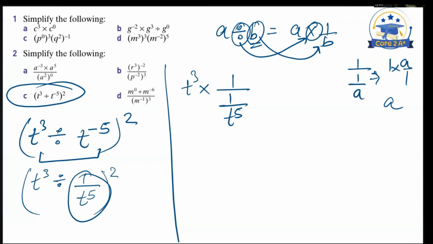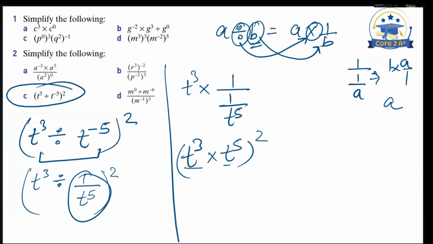It would be a. So similarly here, it will also be T to the power 3 multiplied by T to the power 5. If you have doubt in this step, let me know in the comment box, okay? Don't forget the power.